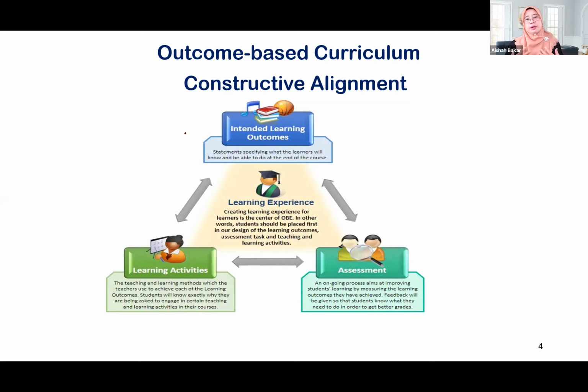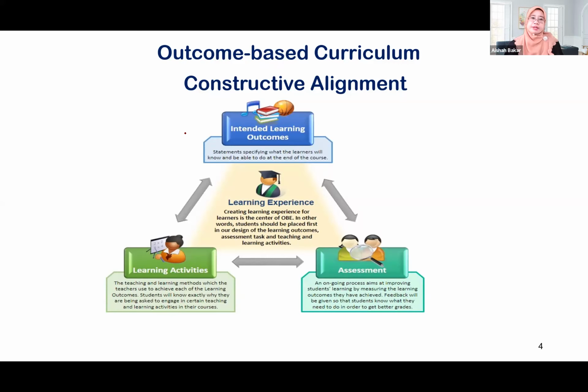We cannot claim that we have designed our course, be it the physical in-person face-to-face course or the online course, using the so-called outcome-based system, unless we can prove that we are taking care of constructive alignment.